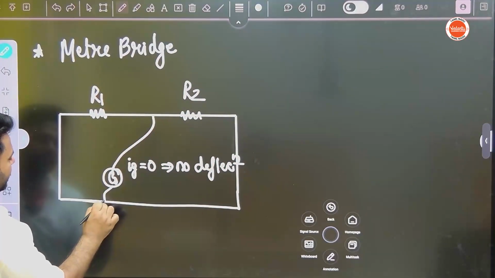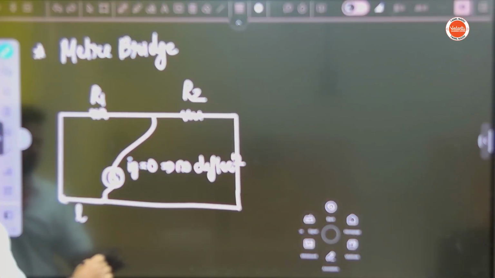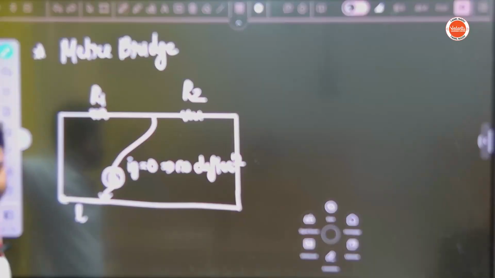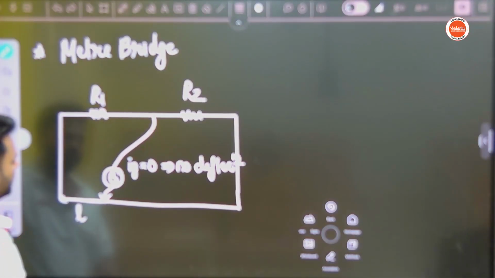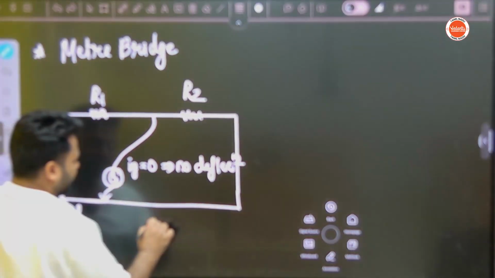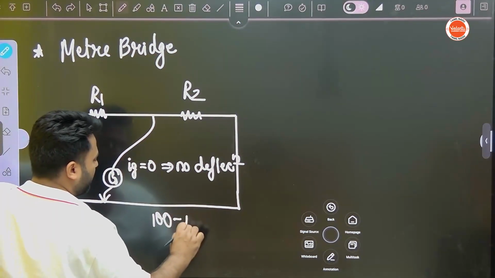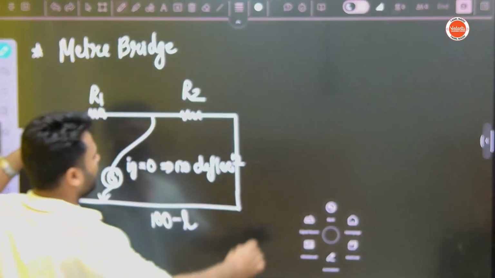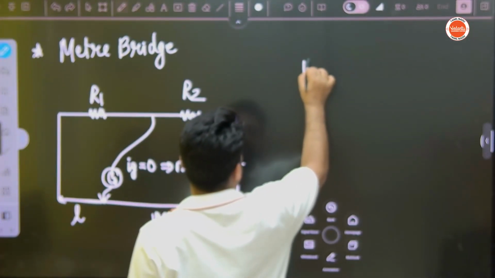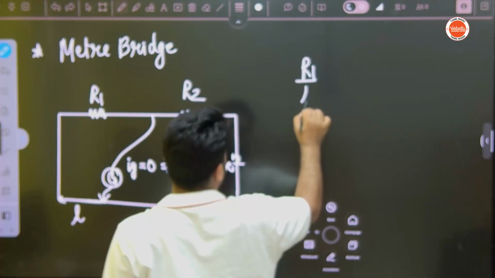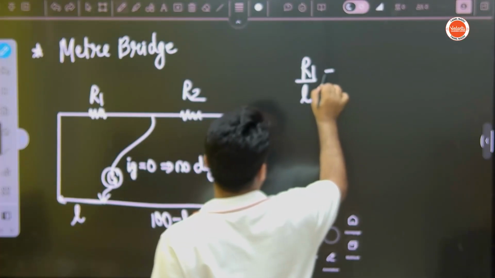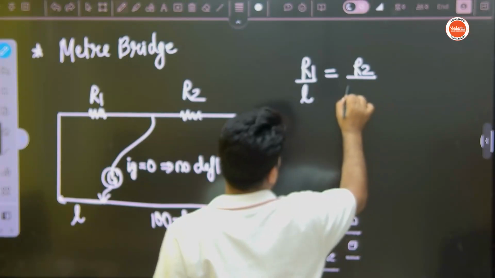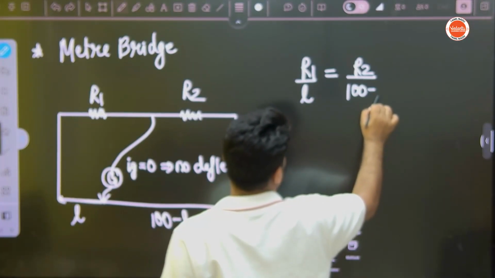Suppose this length is L. Always remember this is a 100 centimeter, 1 meter length wire. That's why it is called meter bridge. So this is L, and this length will be 100 minus L. Just remember this.